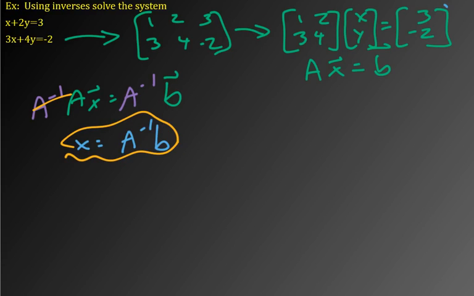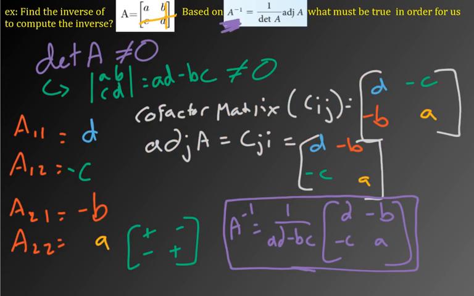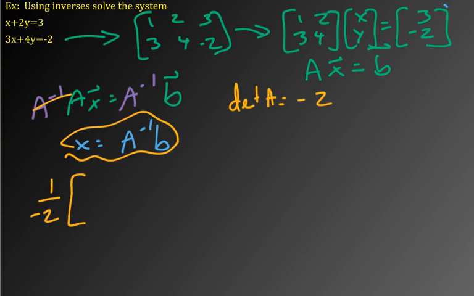So the determinant of A is 4 minus 6, which is -2. So 1 over -2 times, and you basically just have this D, minus B, minus C, A, which would be that.